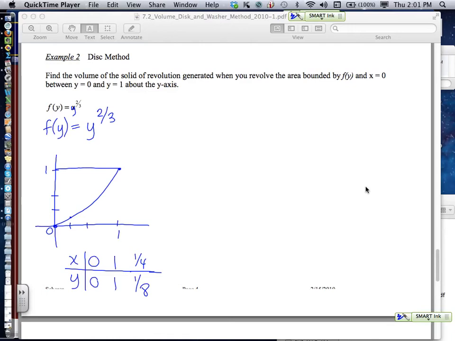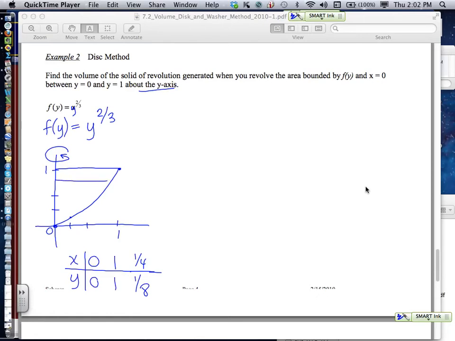And I'm rotating this time around the y-axis. So when I rotate around the y-axis, I definitely want my rectangle to be perpendicular to the axis of rotation. So if my axis of rotation is vertical, then my rectangle is horizontal, okay?